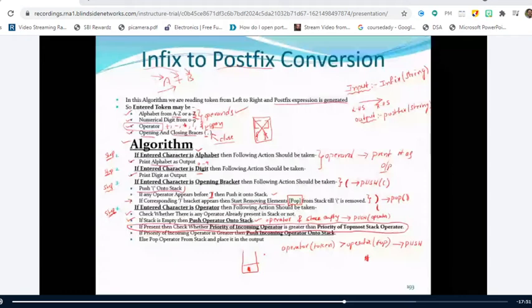Plus has less priority than star. Is it right or not? So the priority of the incoming operator is less than the priority of the operator on the top of the stack. In such a case, you cannot place the low priority operator on top of the high priority operator. That's what you have to remember.